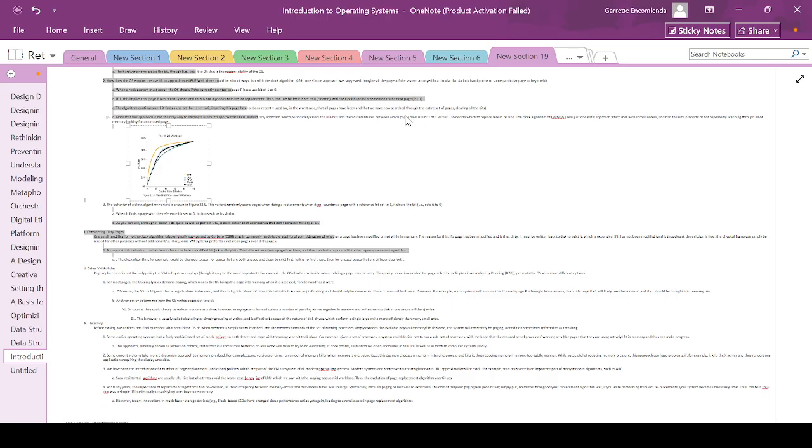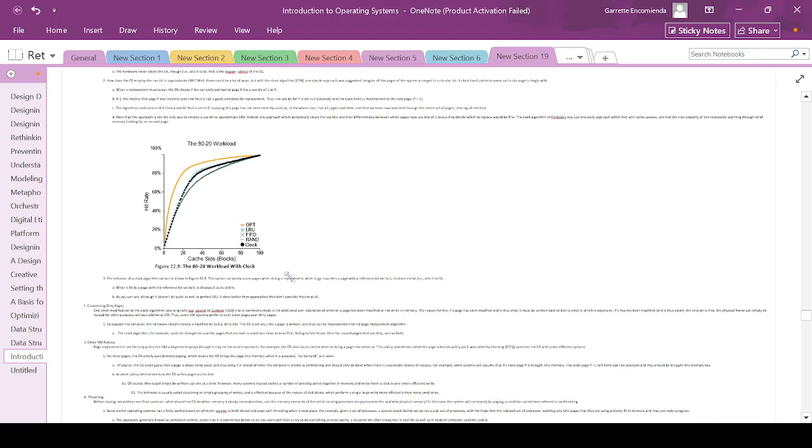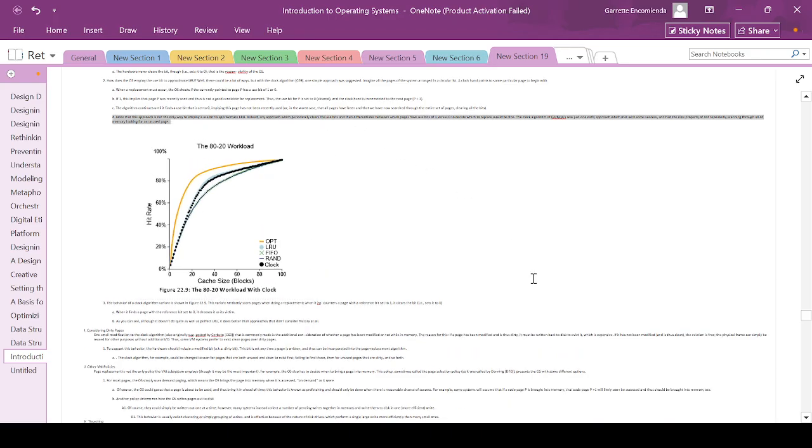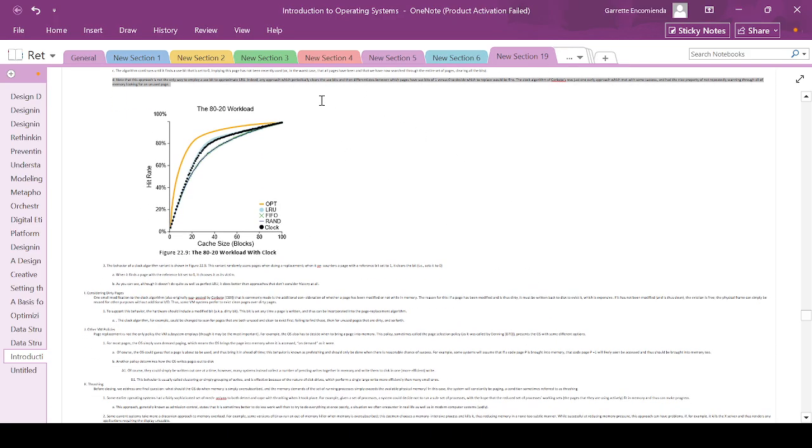Later we will add another feature to provide a solution to this edge case. Note that this approach is not the only way to employ the use bit to approximate LRU. Indeed, any approach which periodically clears the bits and differentiates between which pages have use bits of 1 versus 0 works.